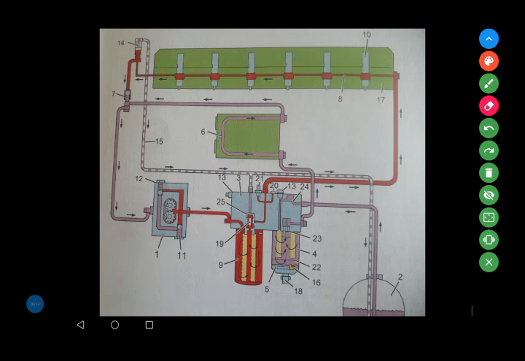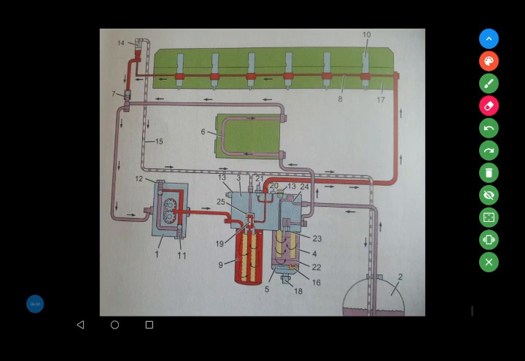Number 18 is a water drain tap. Number 19 is also a bleeding valve. Number 20 is the port where we can put an external gauge and check the fuel pressure. This is the fuel pressure checkpoint.